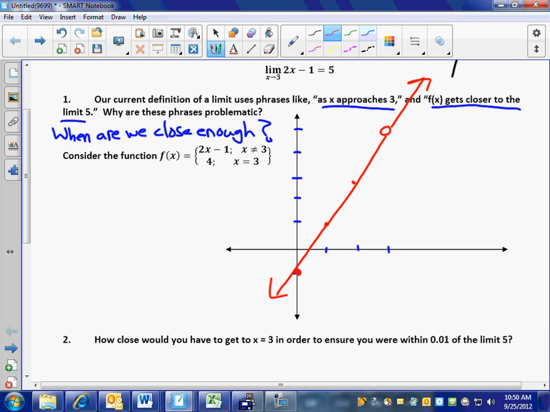At 3, what is the function actually equal to? 4. So as you can see, I have this type of shape here. This is what's going on. So that's what our function looks like. Okay? Let's try to understand what's going on here.